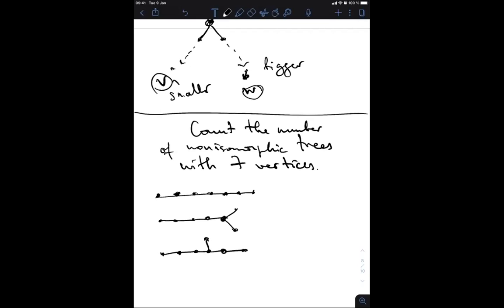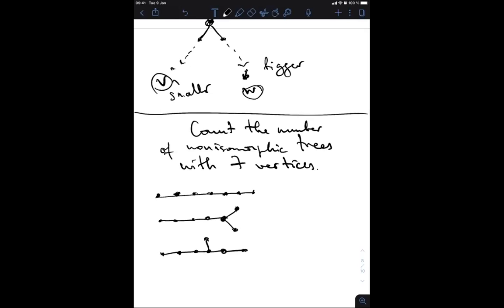So the vertex of degree 3 is either immediately close to two leaves, or just close to one leaf, and then it should be in this position.